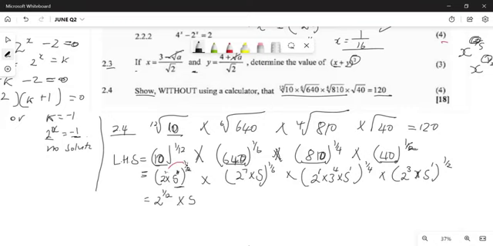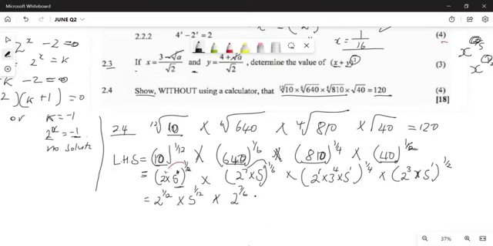Here you're going to have 1 multiplied by 1 all over 12, which gives you 5 to the power 1 all over 12. Multiplied by 7 multiplied by 1 all over 6, which gives you 2 to the power of 7 all over 6.